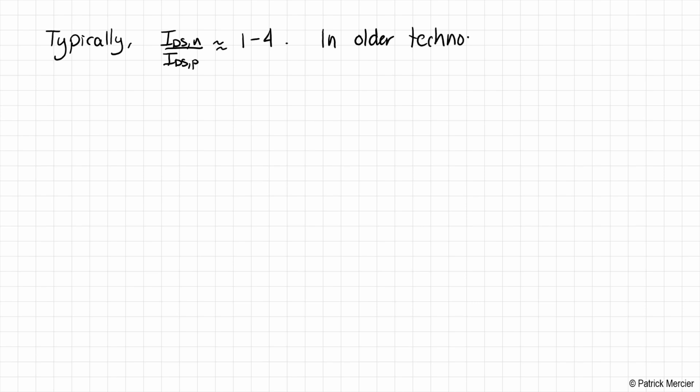Now, typically we have a difference between NMOS and PMOS currents. We say that IDS for an NMOS divided by IDS for a PMOS is typically somewhere on the order of 1 to 4. That's a little bit of a broad range. In older technologies, for example 0.35 micron, this ratio is closer to the high end.